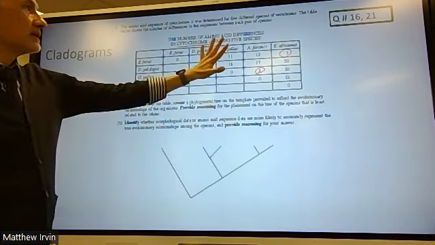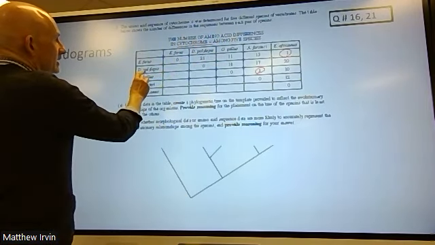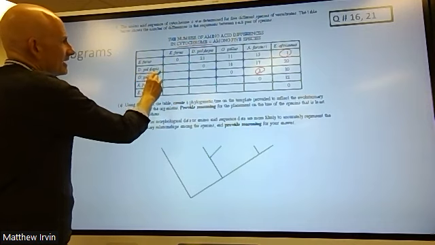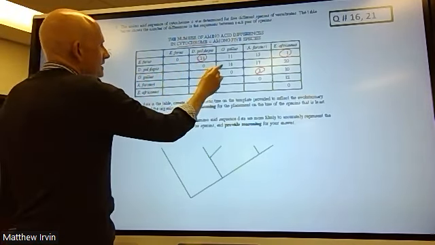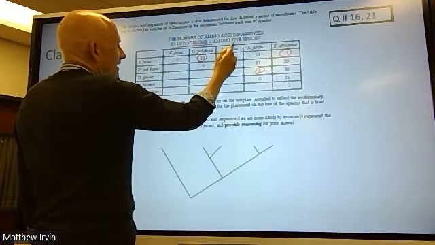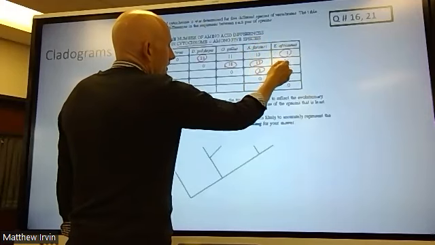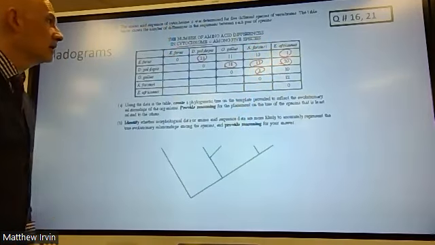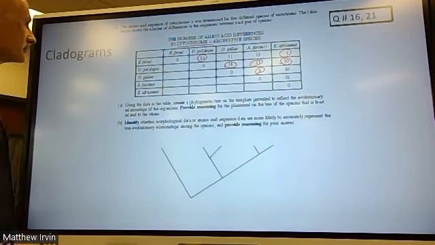And so when we look at our data, we see that D. polylepis is going to have 21 differences from E. ferus, 18 from G. gallus, 20 from A. forasteri, and 20 from E. africanus. And so that's the one that is most different from all the others.